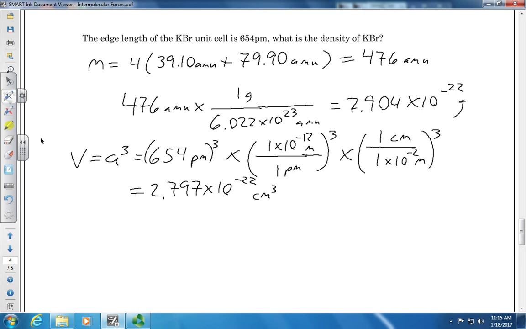And given that we have the volume and we have the mass, we can now calculate the density.